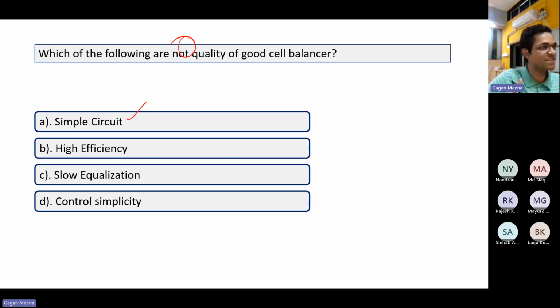We want everything to be efficient, and we want it to be simple, as well as economical and computationally efficient. So which one would you choose now? C, correct. Circuit should be simple, efficient, and equalization should be fast. You want the cell balancing to happen quickly.